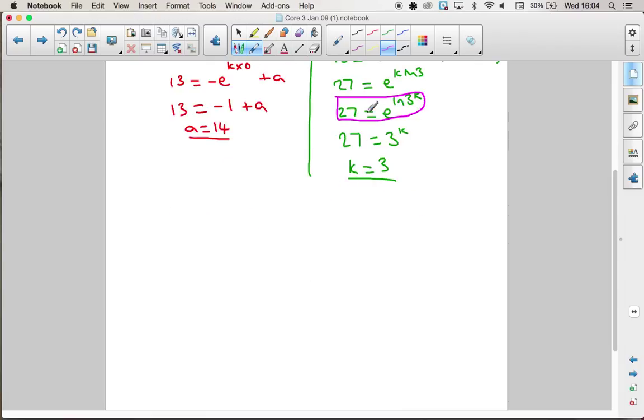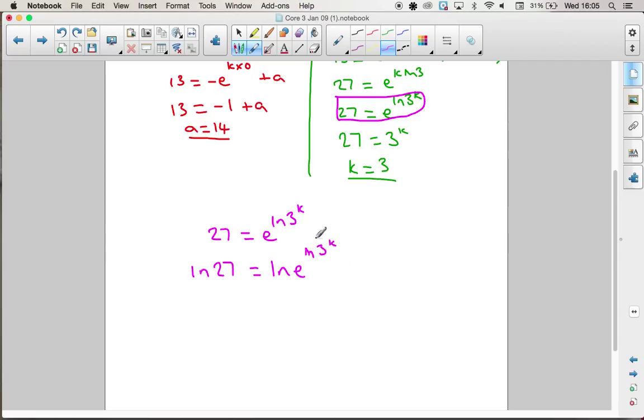The other way we can work out k from here is to log both sides. If I log both sides, I'll get on the right hand side ln of e to the ln of 3 to the power of k.